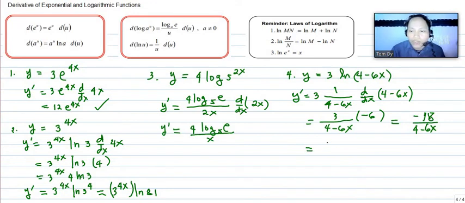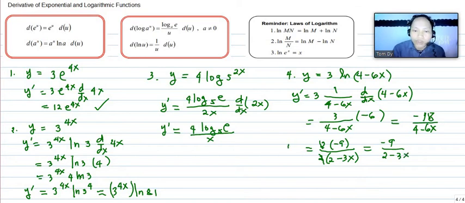We have 2 times negative 9, which is equivalent to negative 18, all over 2 times, this is 4, so we have here 2 minus 3x. 2 times 2 equals 4, 2 times 3 equals 6x. So we will now cancel 2. These are common. So we have negative 9 all over 2 minus 3x. This is now our derivative of y equals 3 ln of 4 minus 6x.